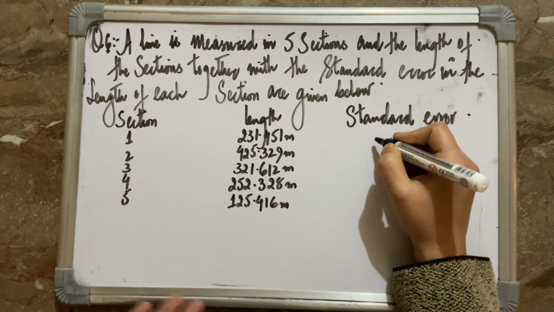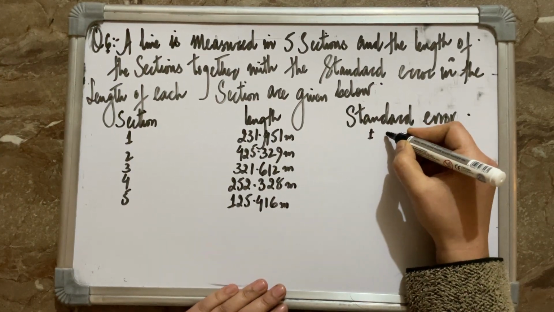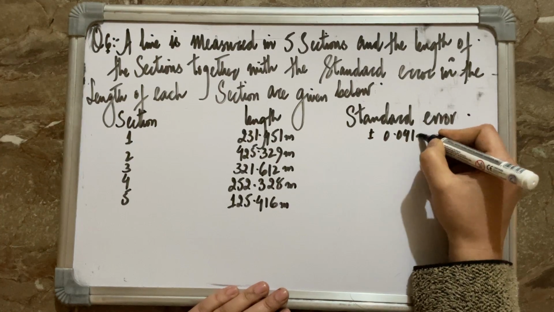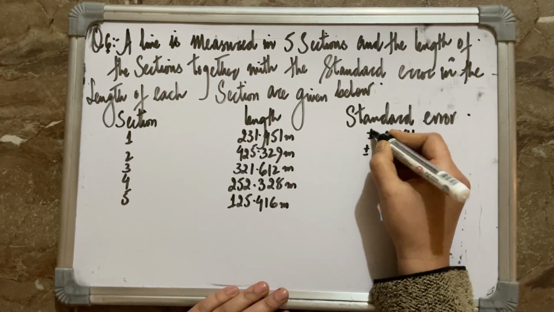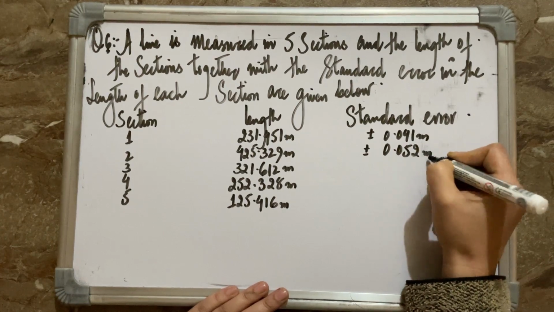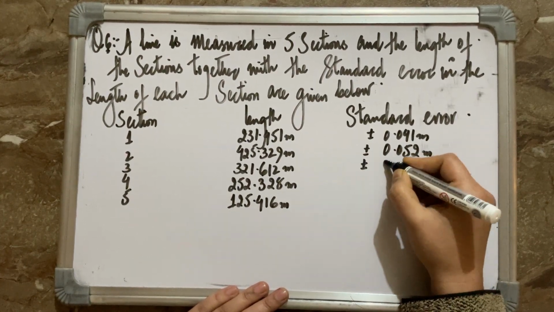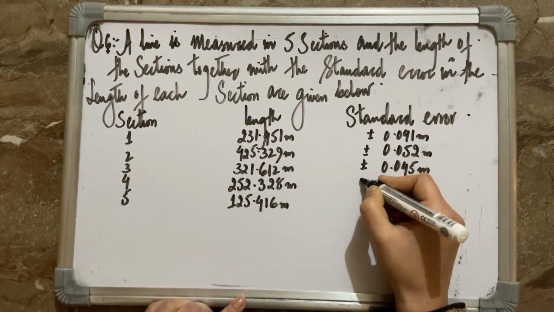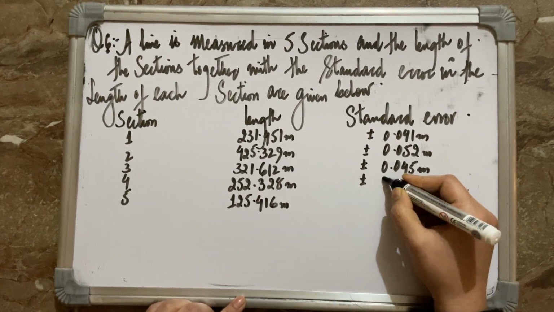Standard error in each length are given as plus minus 0.041 meters. Next one is plus minus 0.052. Then we have 0.045. After that 0.032.